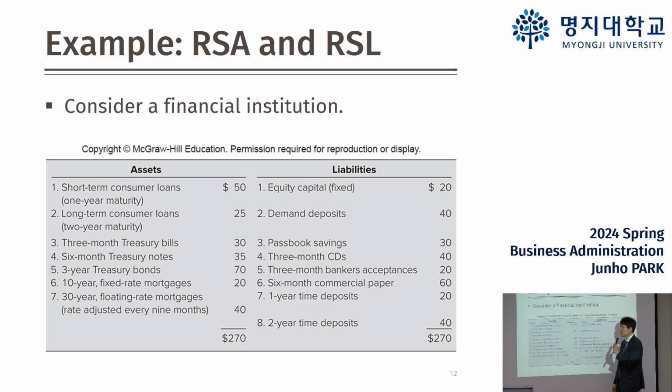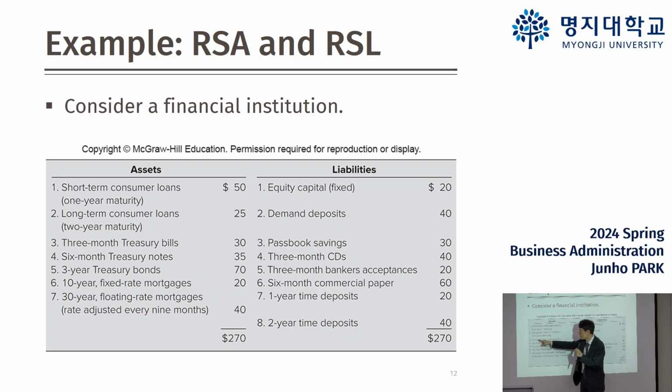And then, which should we include and should we not? First, we should include 3 months treasury bills because the maturity is 3 months. So therefore, after 3 months, it will mature, and then we have to reinvest. We have to purchase more treasury bills. It means we are going to be affected by the future interest rate change within 1 year.